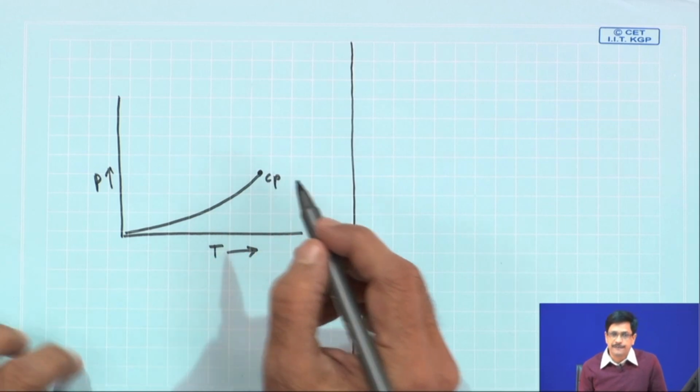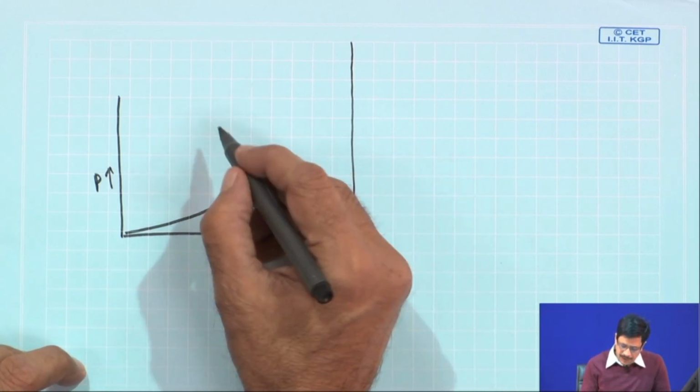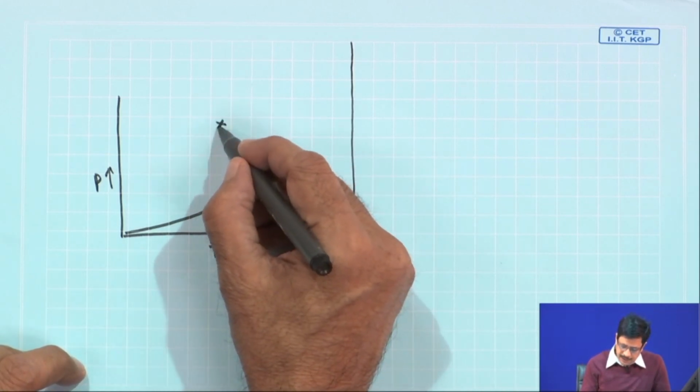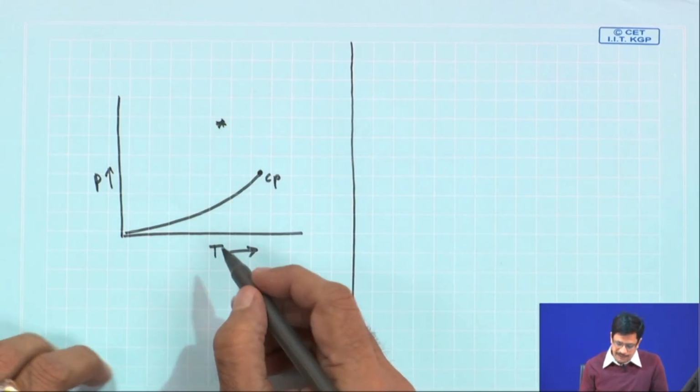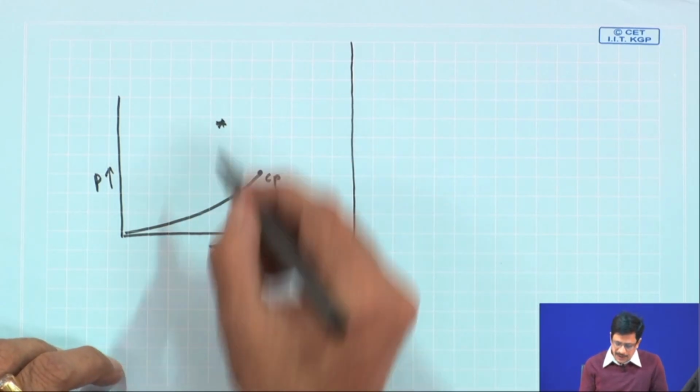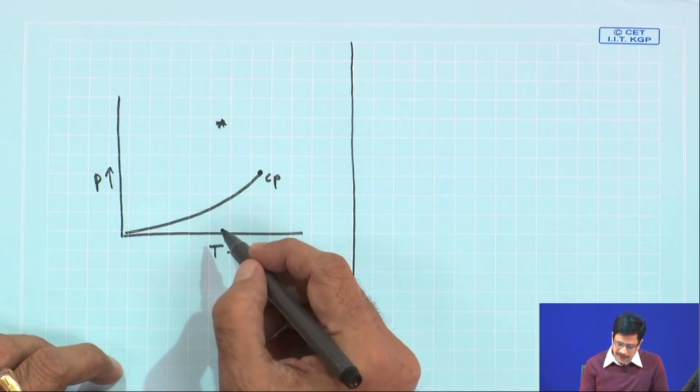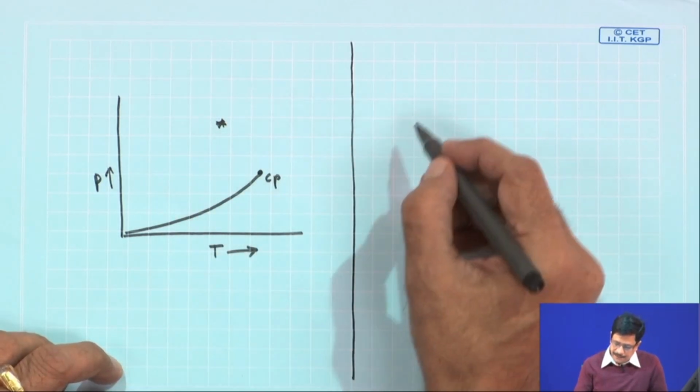This is the critical point of water. If we consider our fluid to be anywhere in a region in the one phase liquid field with a higher pressure and temperature, it is in a one phase liquid field.